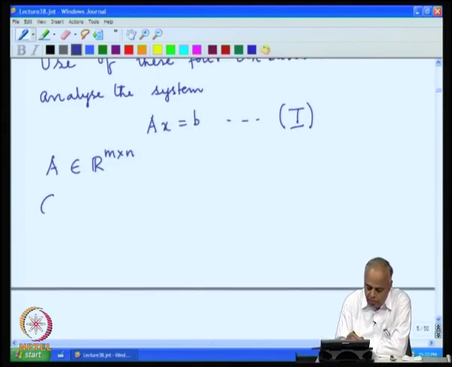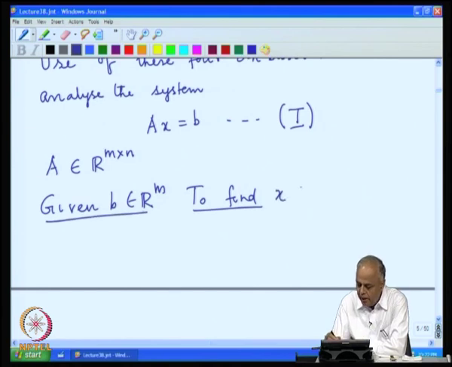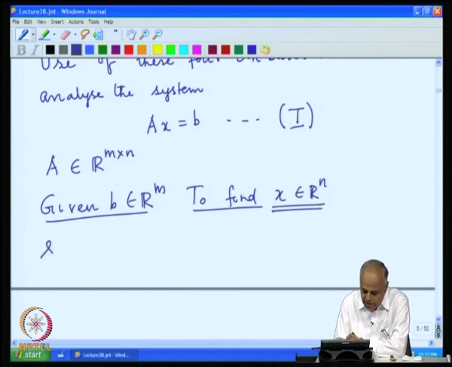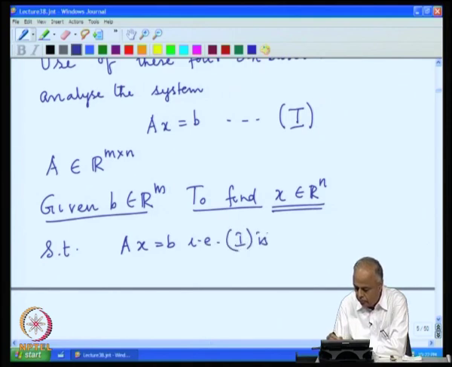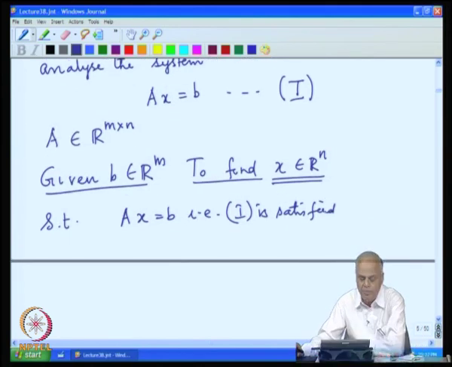So, for given b in R^m, we want to find x in R^n such that A x equal to b, that is 1 is satisfied. This is the problem of the system of equations.